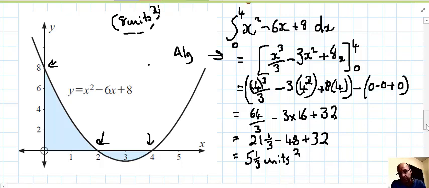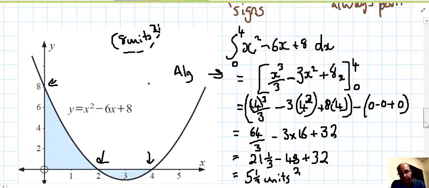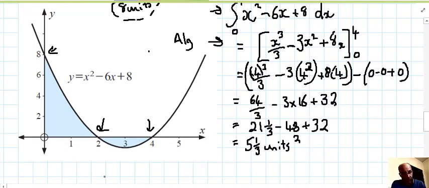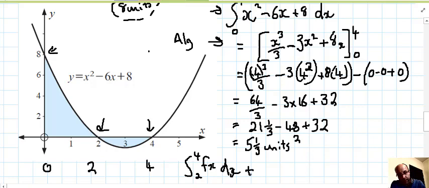Interestingly enough, if we go back to one of those earlier theorems, we could have broken this up. You can see that that's between 0 and 4. We could have broken that up according to the two naturally occurring intervals here, one between 0 and 2, and then another one between 4 and 2, and we could have integrated the function between 4 and 2 and added that on to the integral between 2 and 0 of the function above.